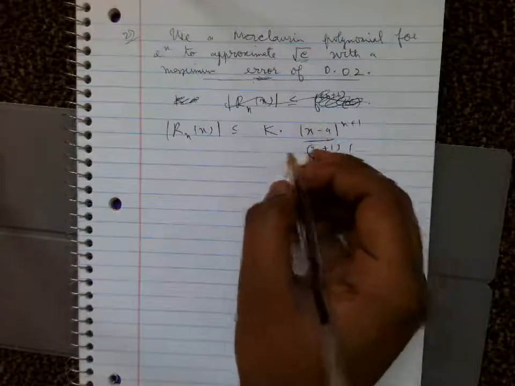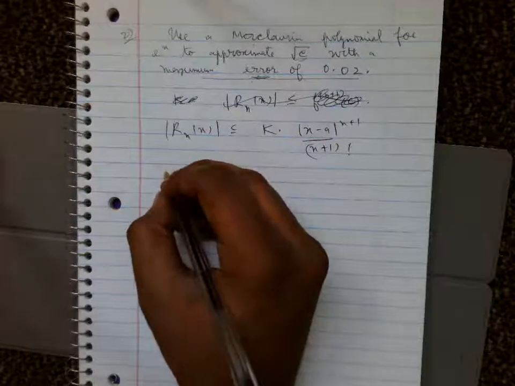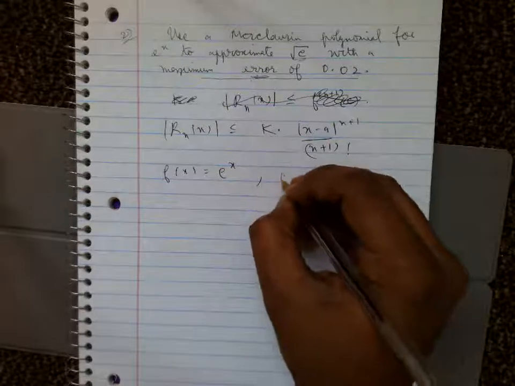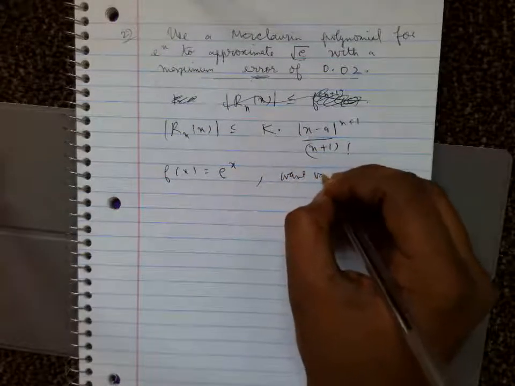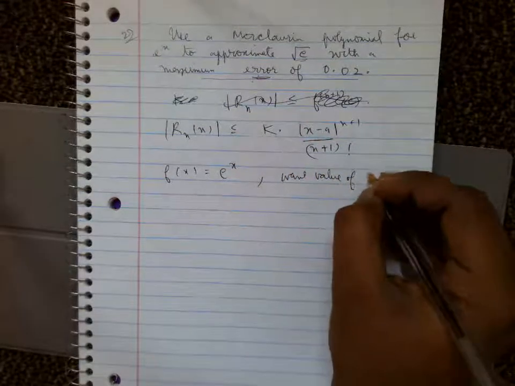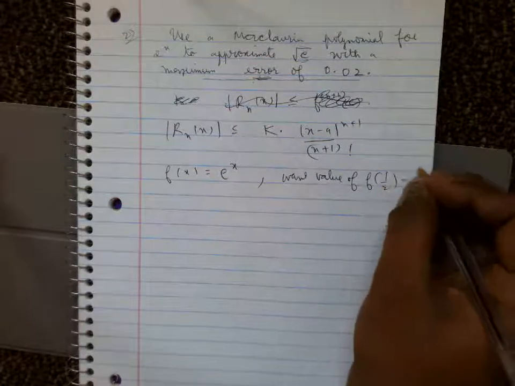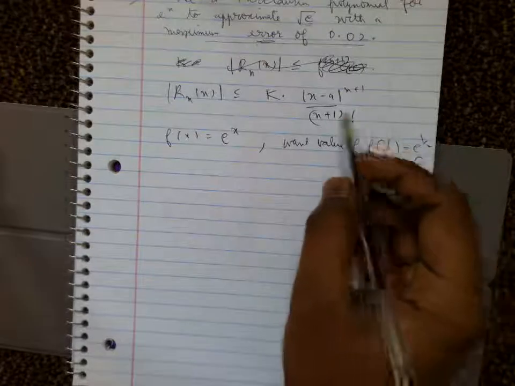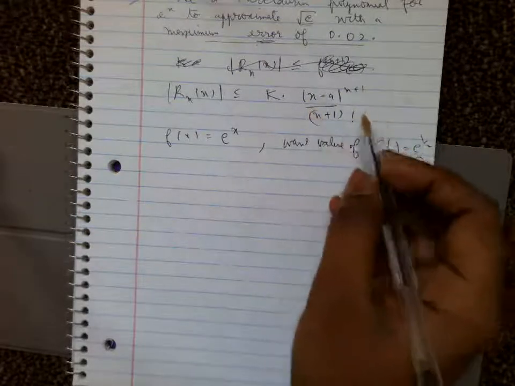So the thing is, we'll take f of x equal to e to the x, and we want the value of f of half, because e to the power half is square root e. So we'll use the Taylor polynomial to approximate it.